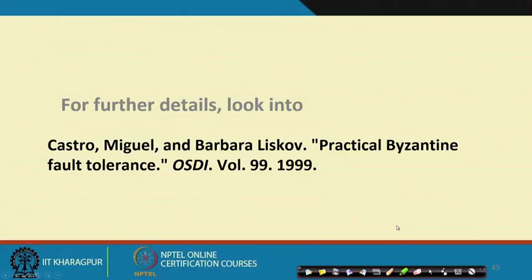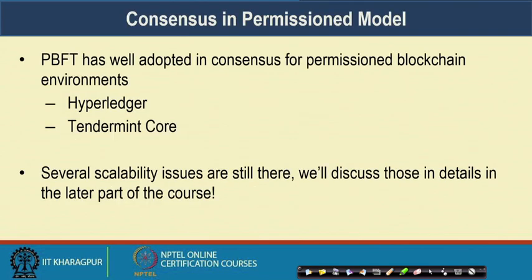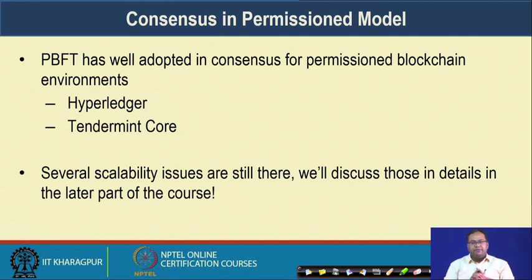Look into the further details of this paper for the theoretical proof of PBFT. As we have mentioned, PBFT is well adapted for consensus in permissioned blockchain environments like Hyperledger and Tendermint. Many of the scalability issues are still there, because every node needs to send a multicast message to every other node in the prepare and the commit phases.